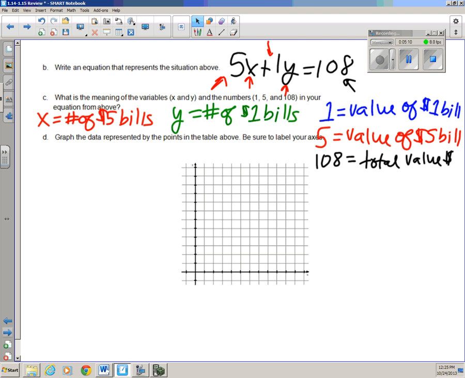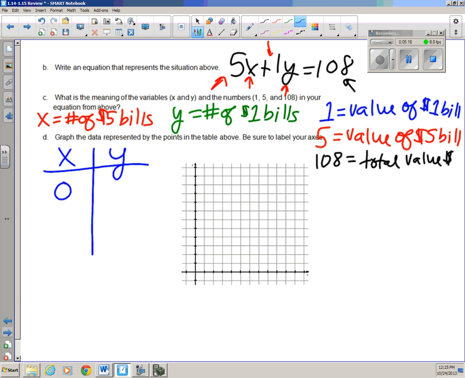If I were to deal with x and y intercepts, that means if x is 0, what's y? If y is 0, what's x? Well, the easier of the two happens to be the x-intercept. Because if I were to plug in 0 for x in my original equation, what's 5 times 0?